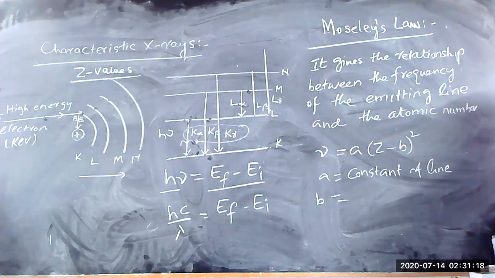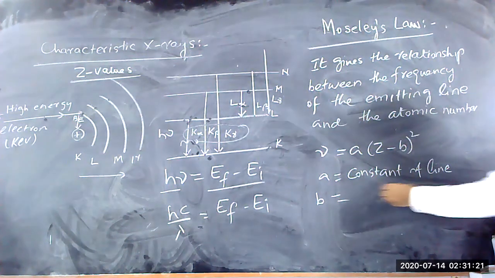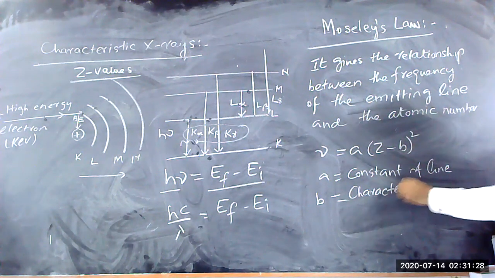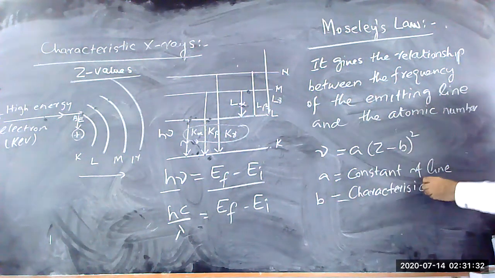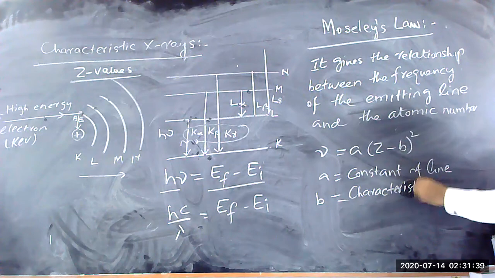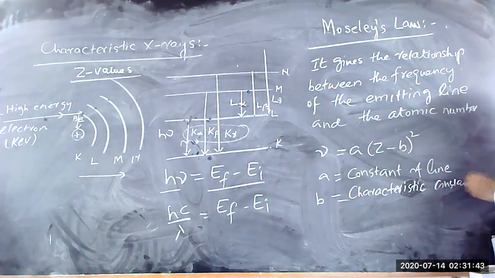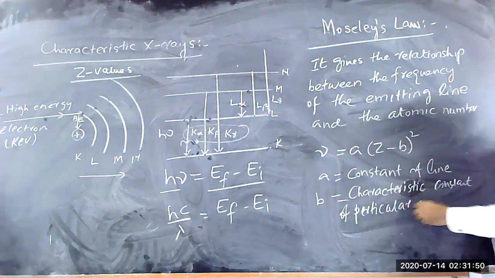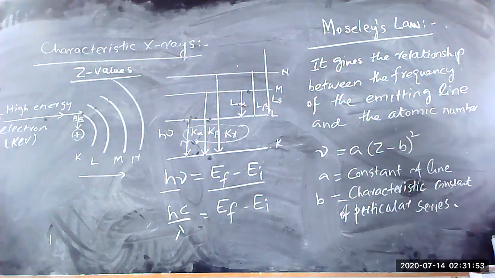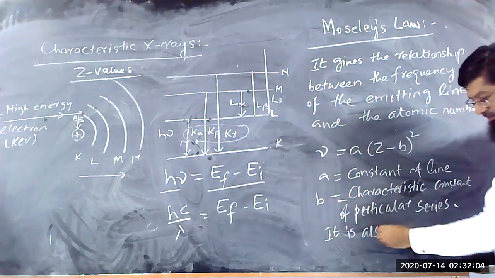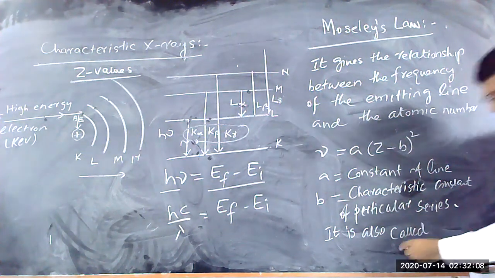This is known as the characteristic constant of the particular series, and sometimes it is called the screening constant.